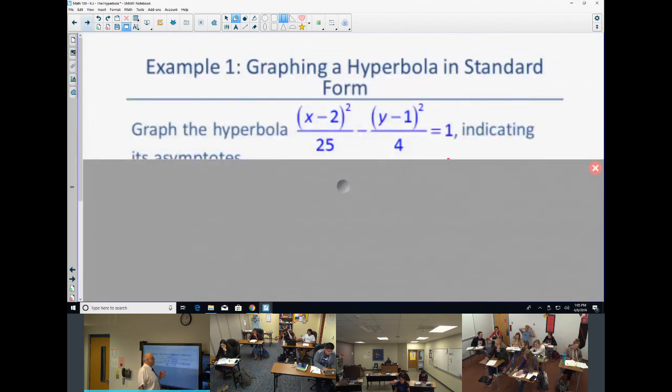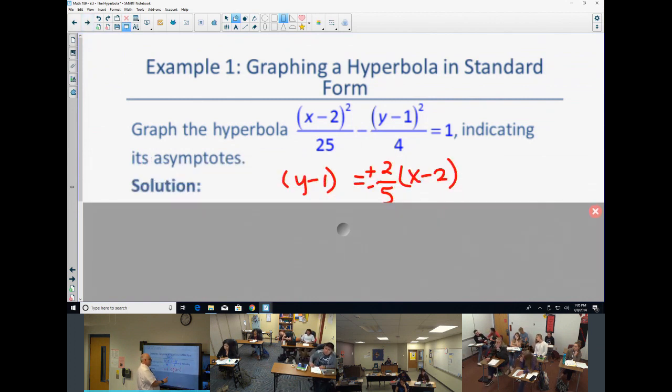So let's say we want to find the equation of the asymptotes, those diagonals that help us find the hyperbola. We start off with the y minus 1 here. So y minus whatever; y minus 1 goes here. The x minus 2 goes here.